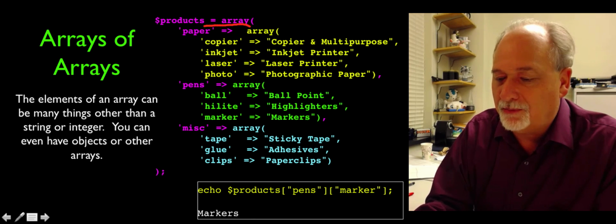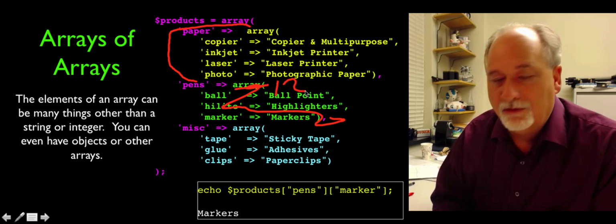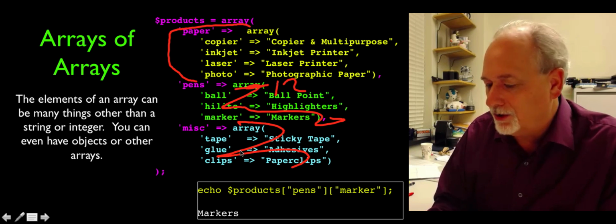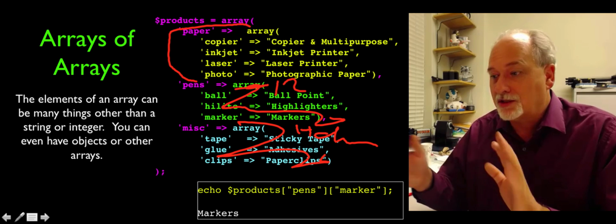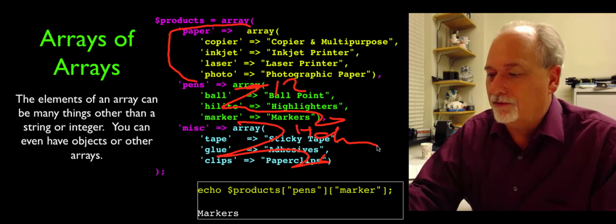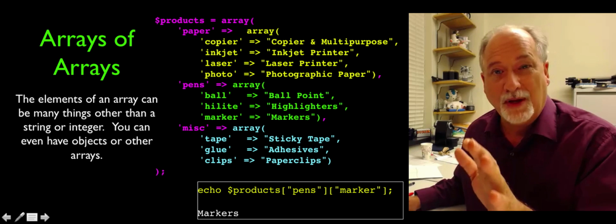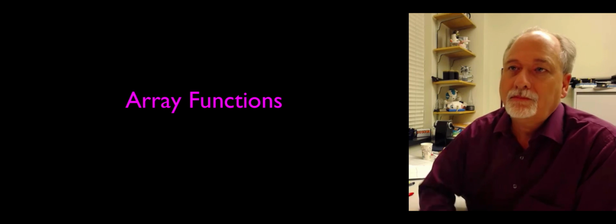The first thing could be an array, the second thing could be like 12, so the first one's an array, the second one's an integer, and the third one could be the string hello. And that would be okay too. Now, your code has to keep track of the shape of these things if they get super complex, so it's often best not to get too complex unless you have a good reason to do so.